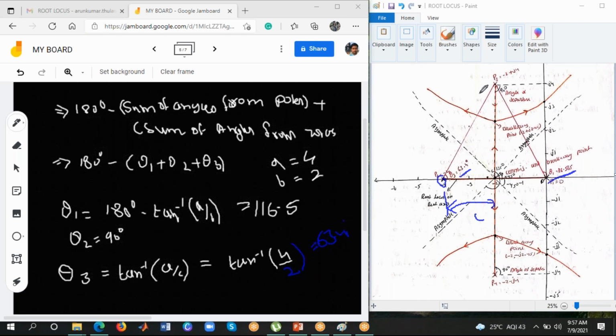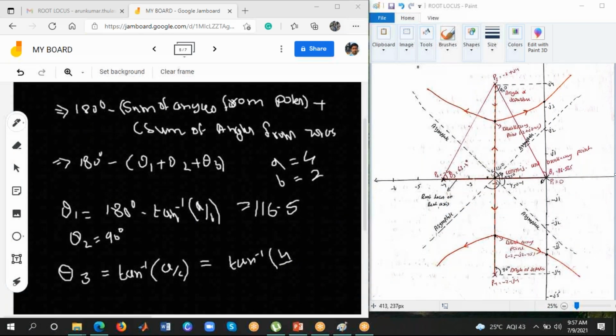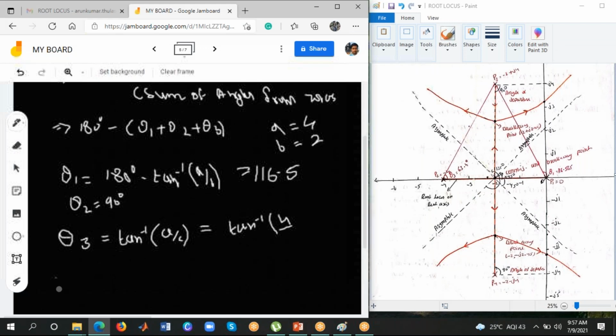Okay? So this is the angle of departure. Now we have to find this: 180 degrees minus 116.5 plus 90 plus 63.4.